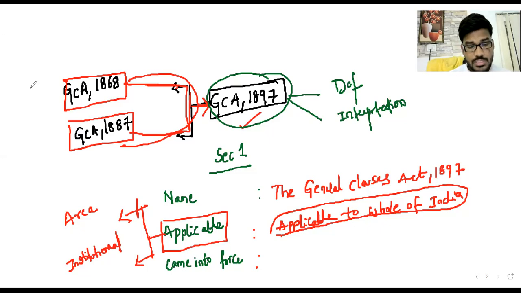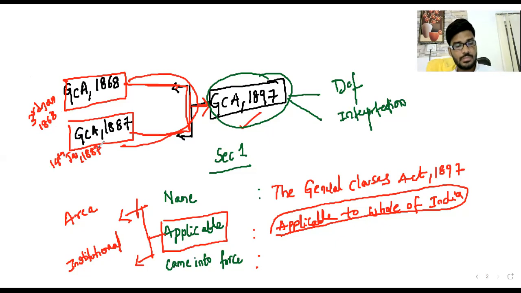The General Clauses Act 1868 came into force on 3rd January 1868. The General Clauses Act 1887 came into force on 14th January 1887.